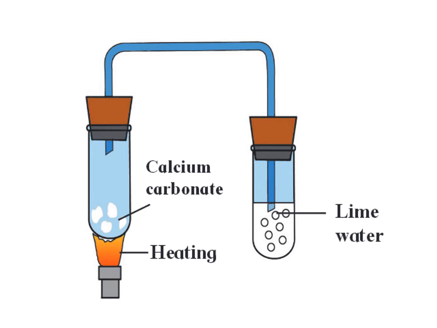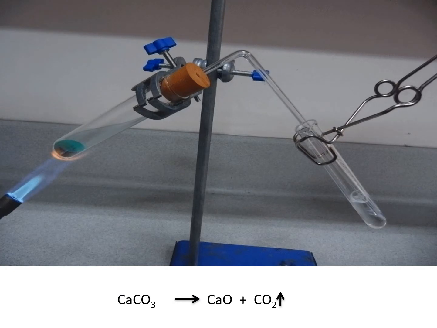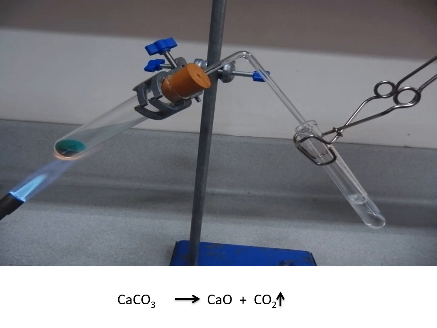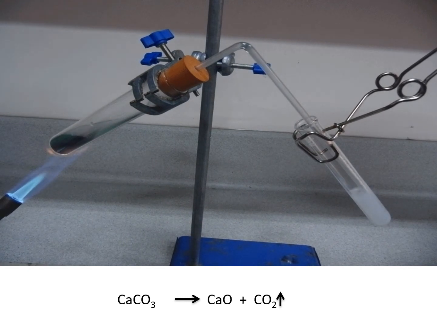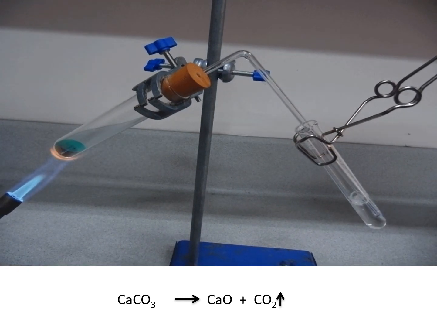What basically happens is that calcium carbonate undergoes decomposition and carbon dioxide gas is formed. This carbon dioxide gas passes through the bent tube and enters the lime water. Once it enters, as you can see on the screen on the right hand side, the lime water becomes milky. It is turning white in color.